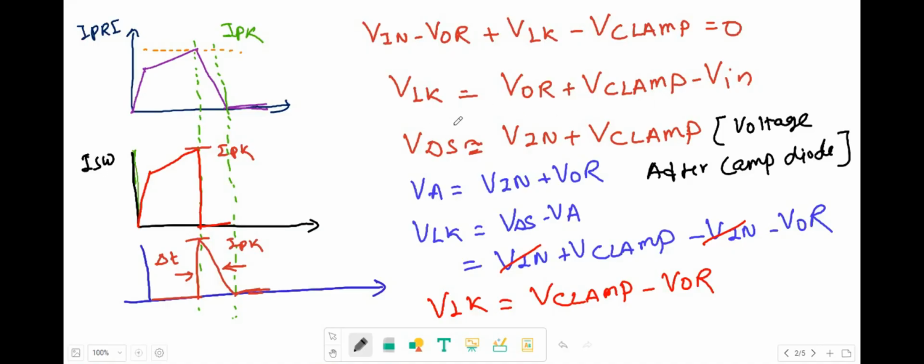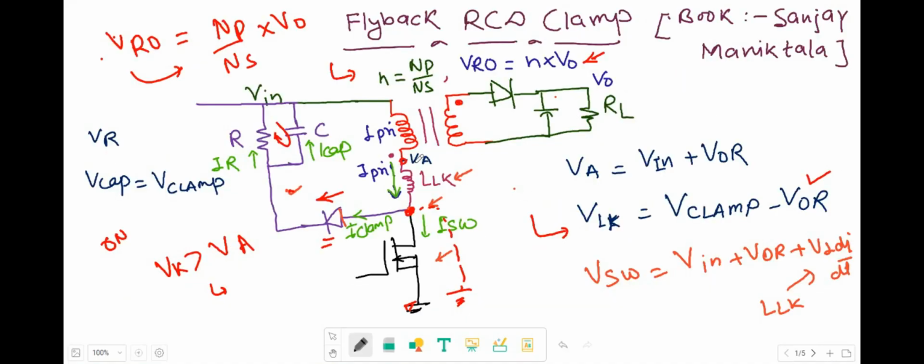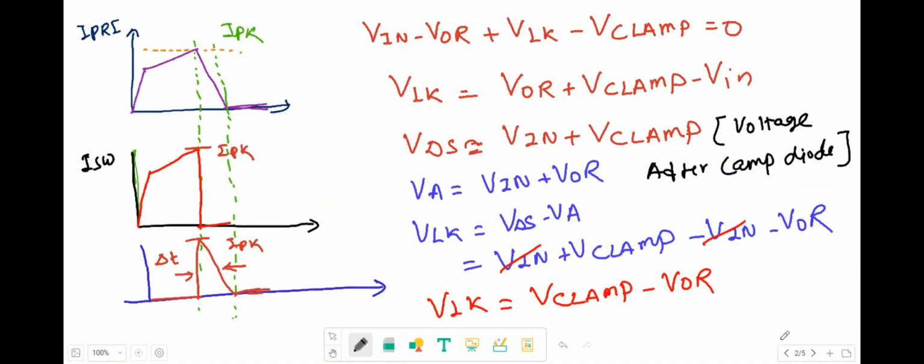And what is going to be the drain to source voltage? Okay, after the clamp diode activates, your drain to source voltage is going to be V in plus V clamp, and voltage at A node. Where is my A node? A node is at this point. You have to go reverse and watch where your A node is.